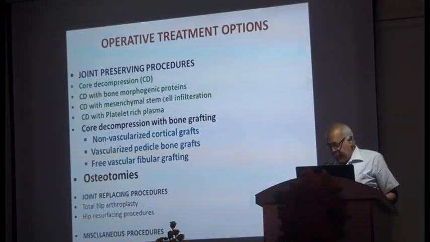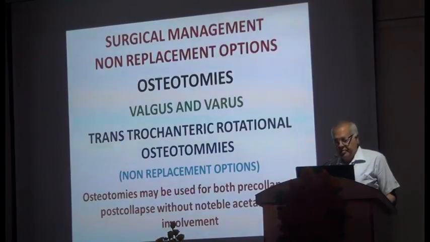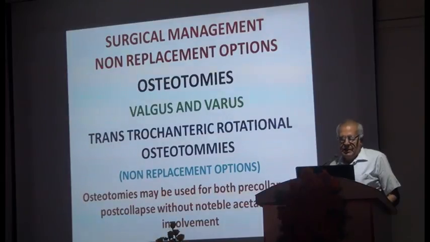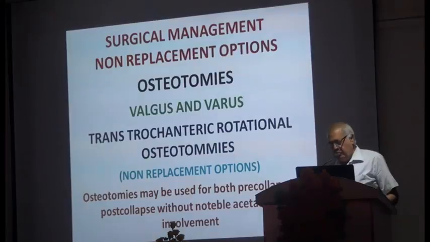And these are some of the various operative options for the management of this entity, which has been very highly spoken about by my friend Dr. Ramesh. 3 types of osteotomies we are doing: valgus, varus, and trans-trochanteric rotational osteotomies of Sugioka, of which he has shown some pictures.